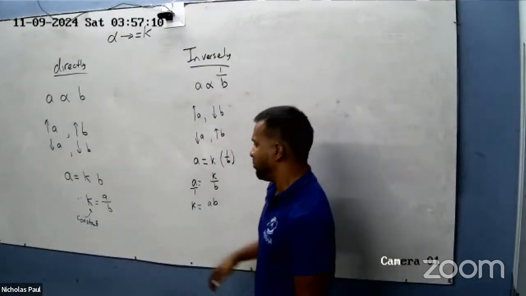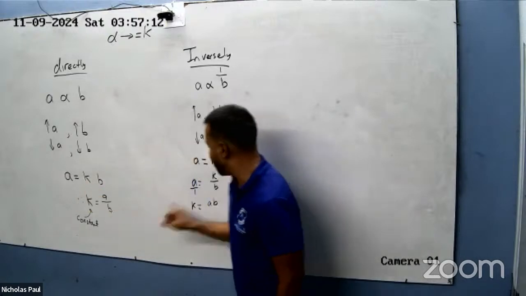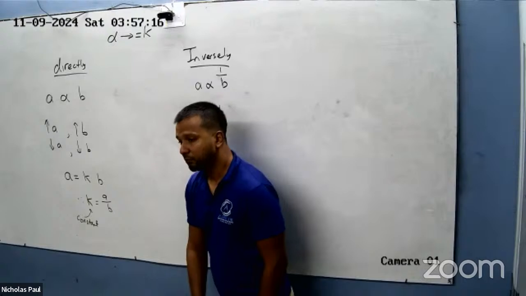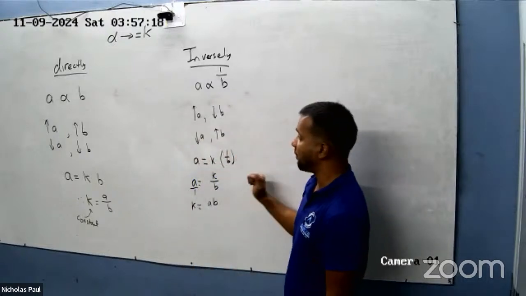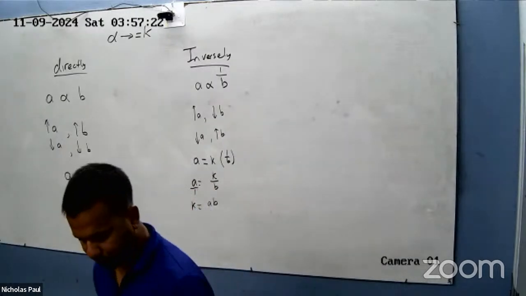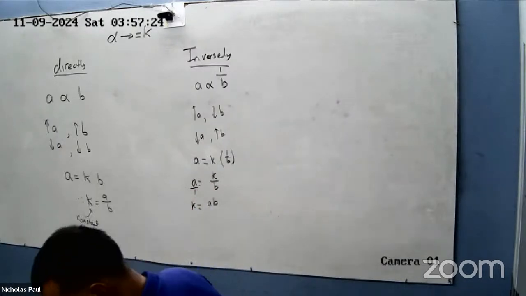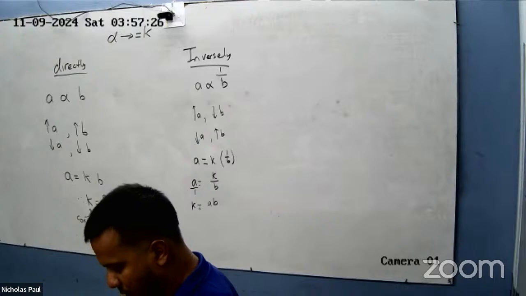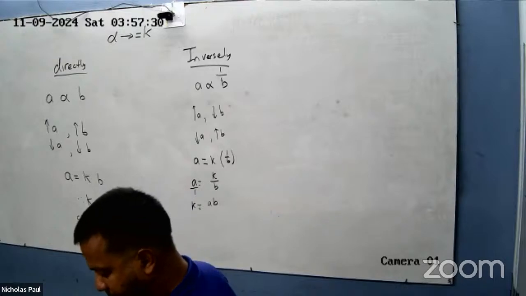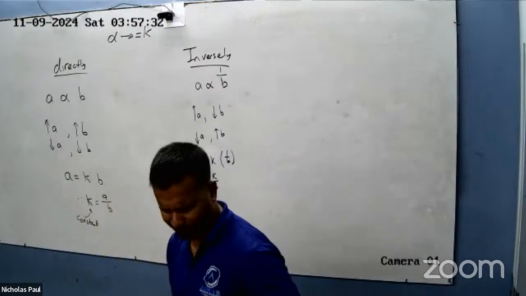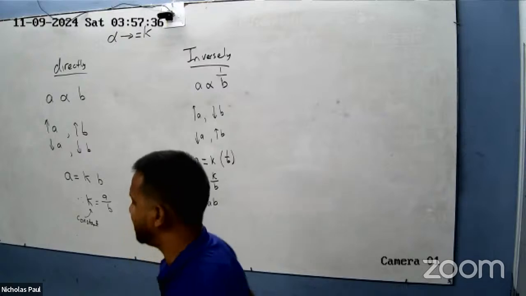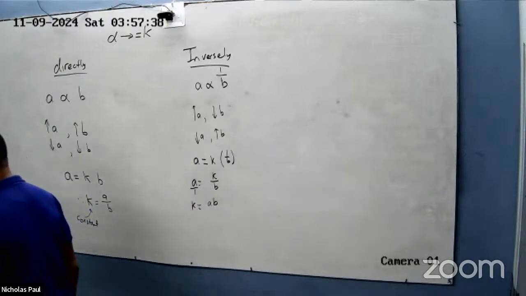And remember, most of the time you need to find that k value. So all you need is an A and a B value to find k. There's also a graphical way, and I'll show you that. So today we're going to focus on Hooke's law.